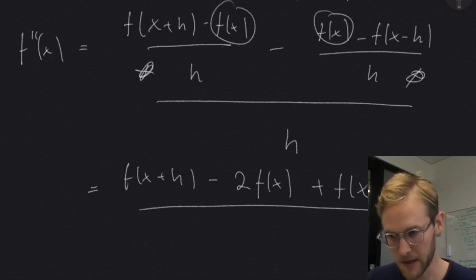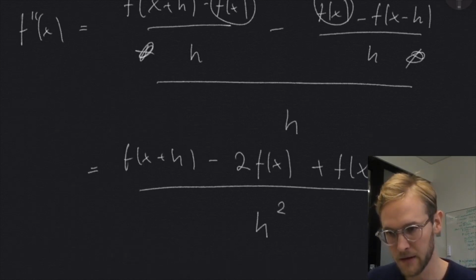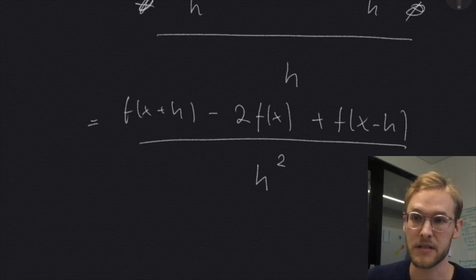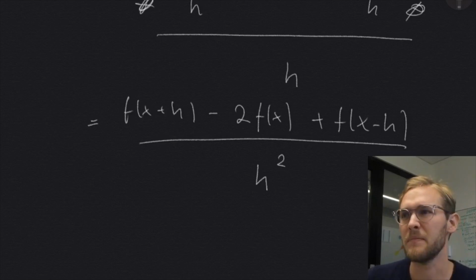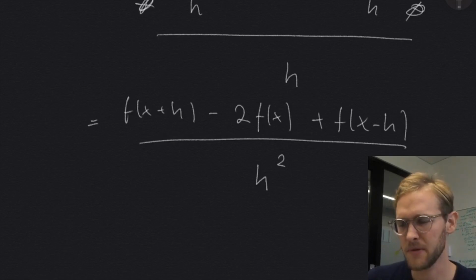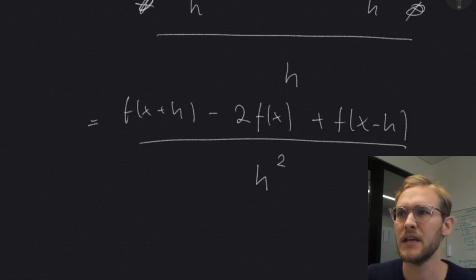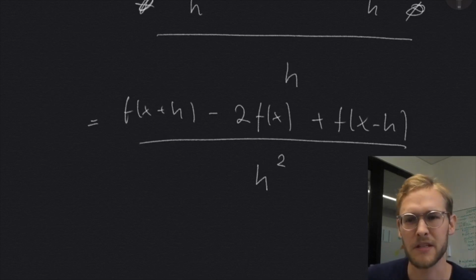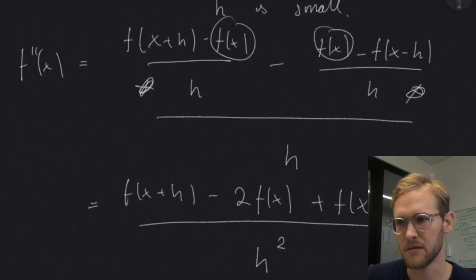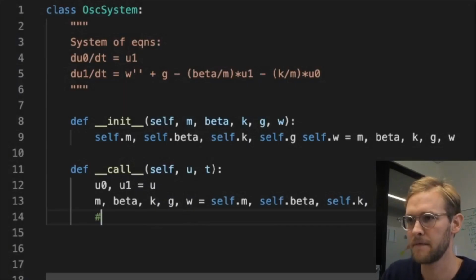And you'll see that we'll have h squared beneath the fraction line there. So that will be our estimation of the second derivative. That might have been a bit quick, but you can stop and think about it for yourself and I'm sure you'll understand it. But that is the central finite difference, is what you call it, the central approximation of the second order derivative. Type that up so it's clear.